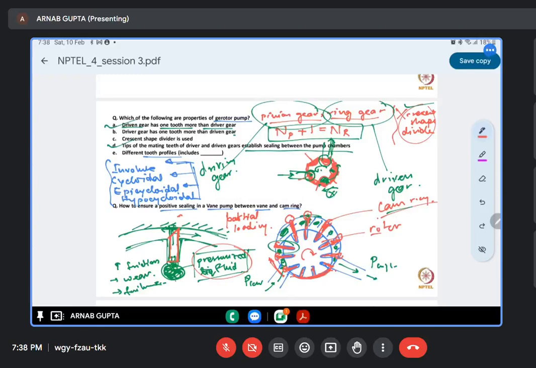Since this pressure is kept constant and this contact area is less, the contact force will also be less. F is equal to P into A. So since the pressure is constant, A is less means force will be less.